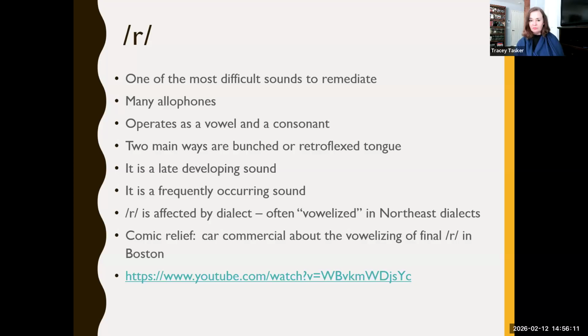There are two main ways of producing the sound, with a bunched tongue position or with a retroflex tongue position. We're not going to get into great detail about that in this class, but try and make yourself aware when you make the sound, where is your tongue? It's a late developing sound, but it's also a frequently occurring sound, and it is definitely affected by dialect.